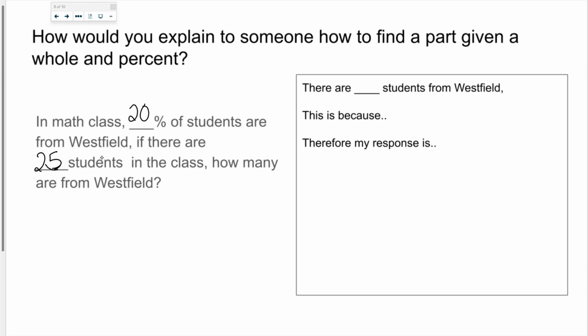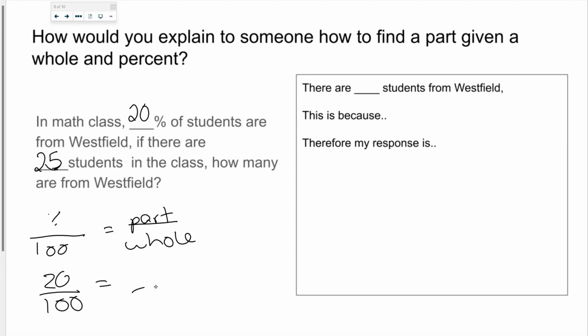So let's set up our problem. We know that a percent over 100 is a part over whole. So 20% is 20 out of 100. And the 25 students in class go on the bottom because the whole goes on the bottom.